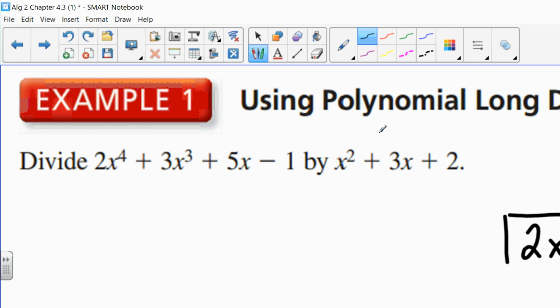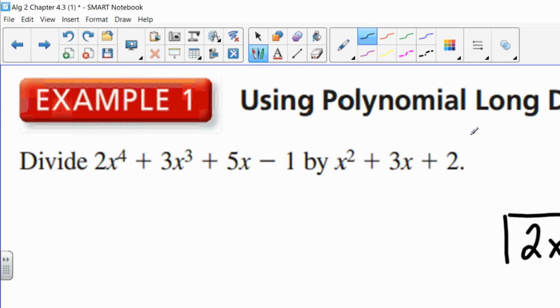Not quite. What are our powers? We have 4, 3. Do we have an x squared? Plus 5x minus 1. We need them all.